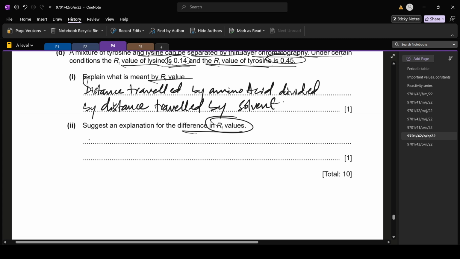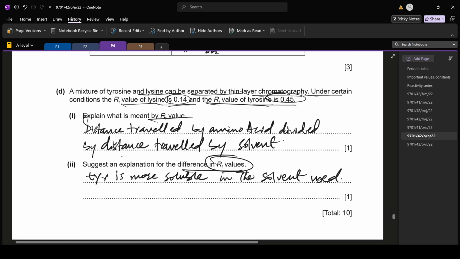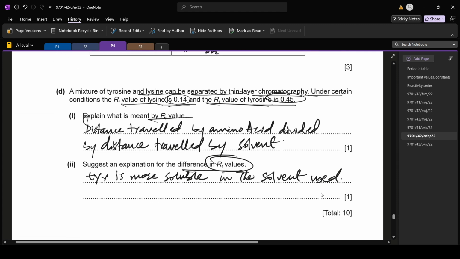Okay, so let's say tyrosine is more soluble in the solvent used, or you can say this lysine is less soluble. The one which is more soluble will travel further. Okay, so tyrosine must have traveled further, so it means it is more soluble. Or you can also say that this lysine is more attracted to the stationary phase.